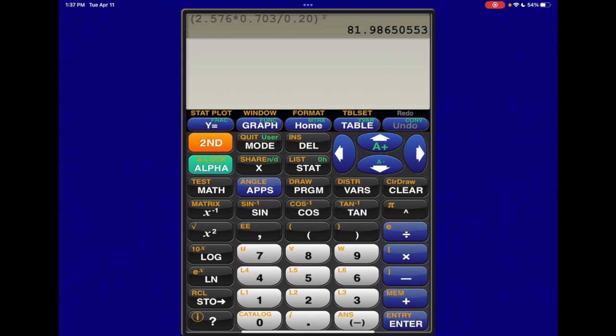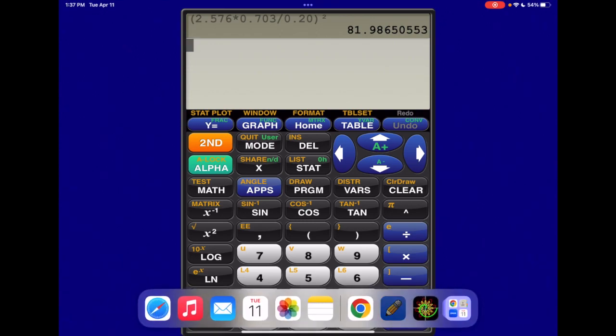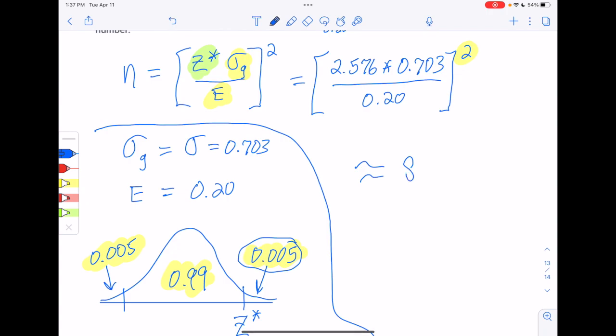So we get 81.9865. Let's go ahead and write that down. All right, and then we always round n up. So our n here would be 82. And that's going to be the final answer that we put into active learning.